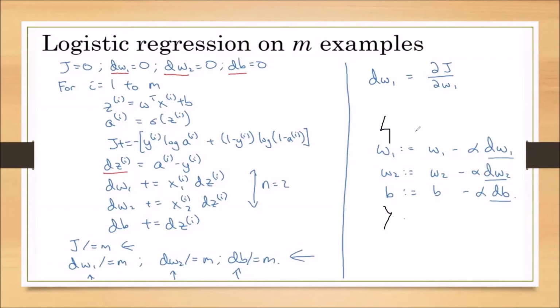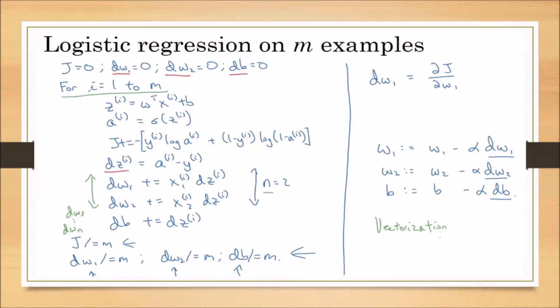So until we find the minimum value of the cost function, the loop will be iterated, and finally we get the W1 and W2 and B values, and if we substitute these values, we can get the exact function which can predict the output.